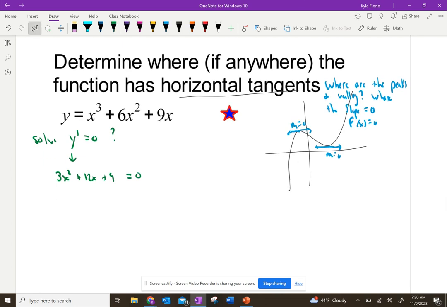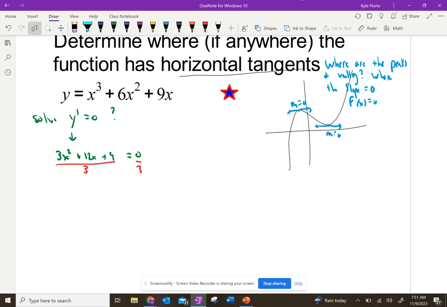Let's see, I can divide both sides by 3. Or you could factor out a 3. It's really the same idea, but I guess that's what I'm doing this time. So this becomes x squared plus 4x plus 3 equals 0.